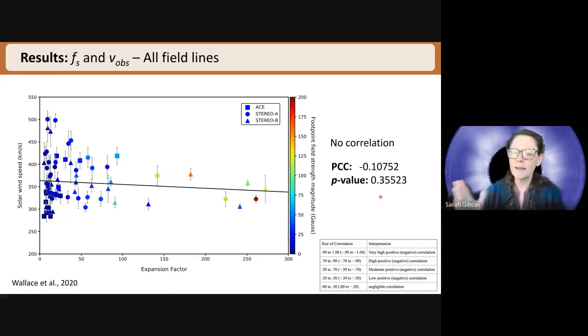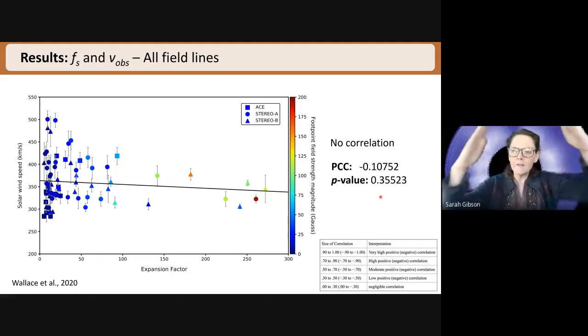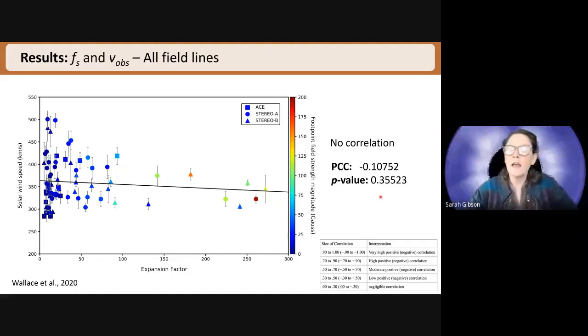Especially if there's a magnetic null below the area where you're doing your expansion factor, you could have it expanding and then refocusing. So with the Wang-Sheeley-Arge PFSS, is there a way that you could take that into consideration, and how would you do it?